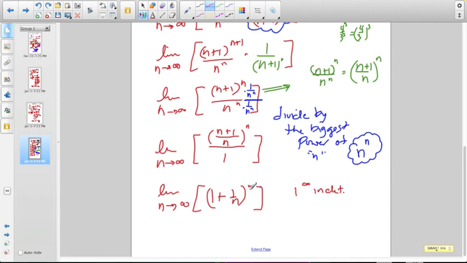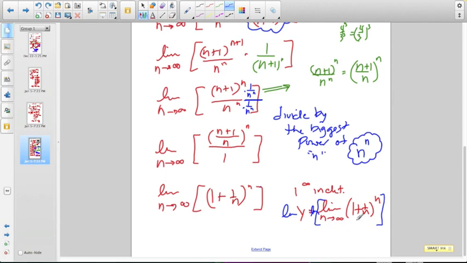Since I have a power here, I really have to say y equals the limit as n goes to infinity of 1 plus 1 over n to the n, and then I can take the natural log of both sides.